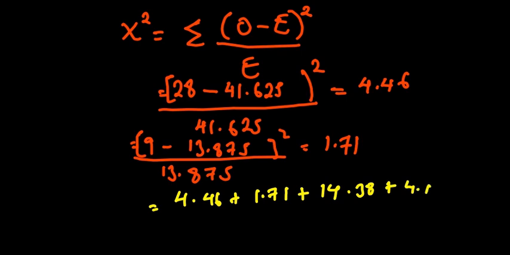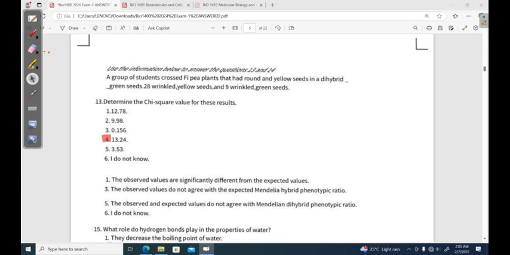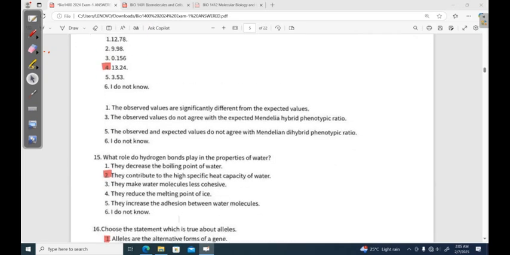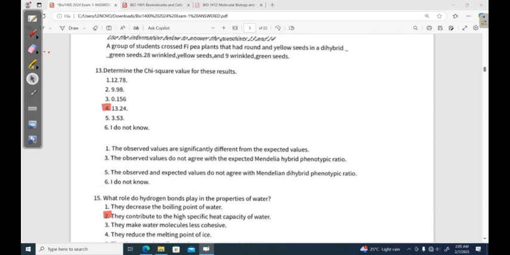Now notice that 24.69 is not in the options. So it could be that they wrongly matched, they made a mistake on the observed numbers or the expected ratios. So when you find your case, you choose an answer that's quite closest. Now for 14 we can't answer because the question wasn't clear. They might have not typed it. Okay, so I go to 15.